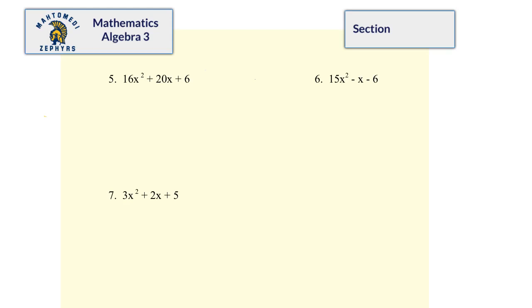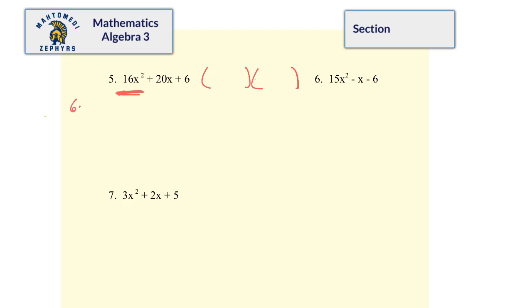All right, here we go with a few more examples. Again, look at the trinomial. It does not have the 1x squared. It's got 16x squared plus 20x plus 6. So right away, I know what my goal is. I'm going to get 2 binomials for my answer.